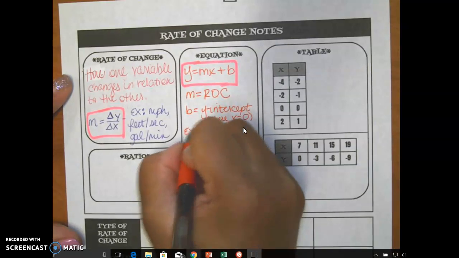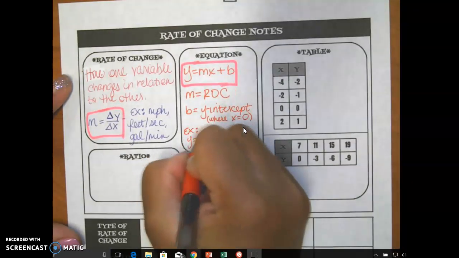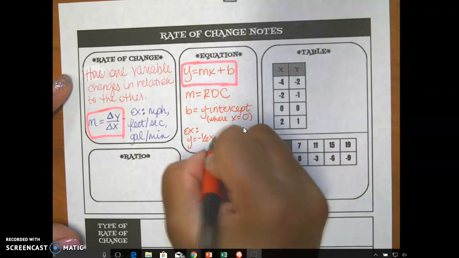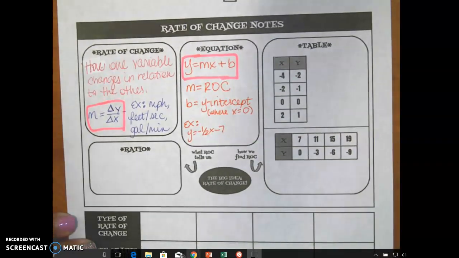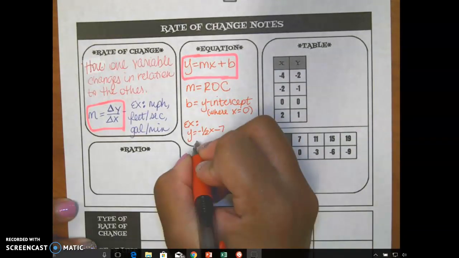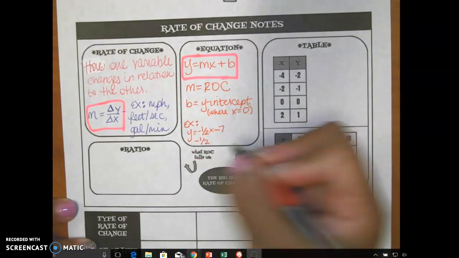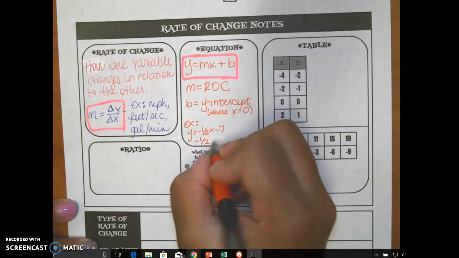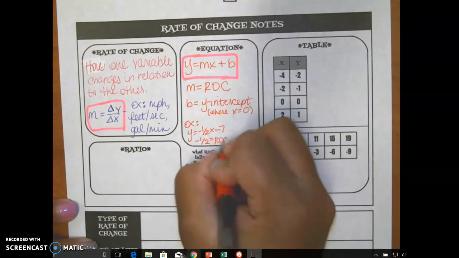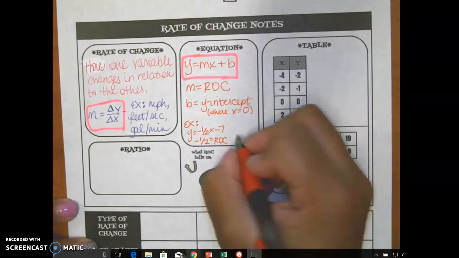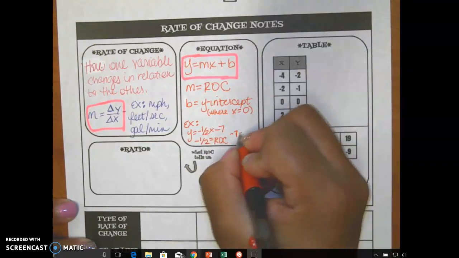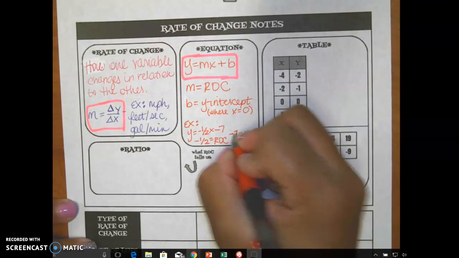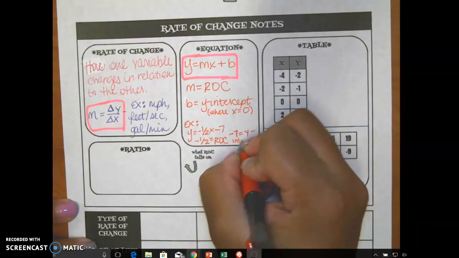And the example, y equals negative 1/2 x minus 7. Negative 1/2 is my ROC, my rate of change. And negative 7 is my y-intercept.